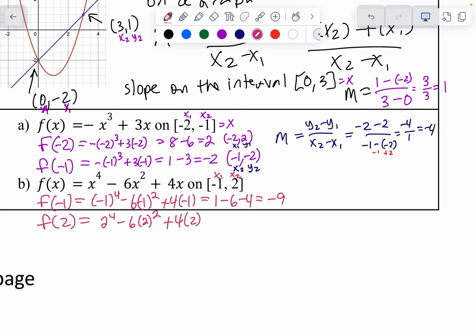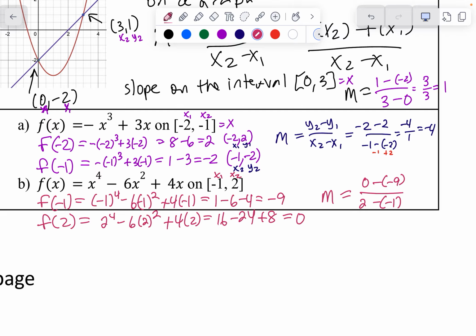This was 16 minus 24 plus 8. Is that 0? Yeah, okay. Now, if we use the entire function instead of just part of it, goodness gracious. Okay, so let's do it again. So it would be 0 minus -9 over 2 minus -1.